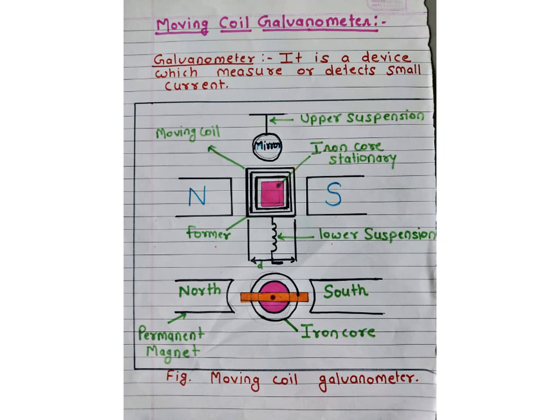Also, this coil rotates due to a torque acting on it as the current flows through it. This is the north pole, south pole. This is the moving coil. This is your iron core, stationary, and this is your spring.